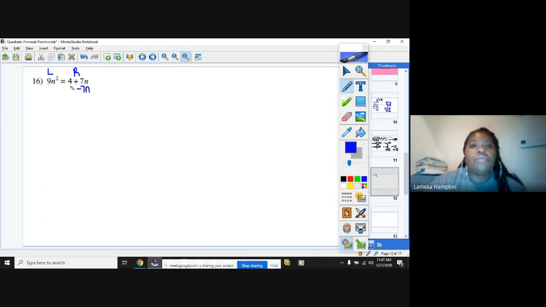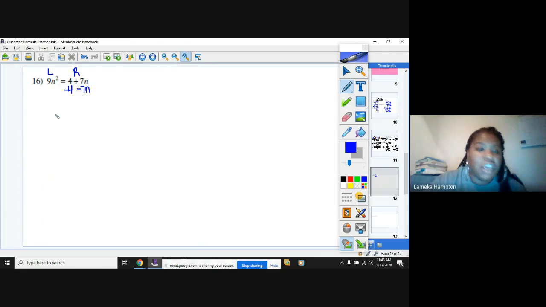Same thing with my constant, the number 4. Because 4 is positive, I am going to subtract 4. I know that there's not another number on the left, but I'm going to move it and make that the negative.